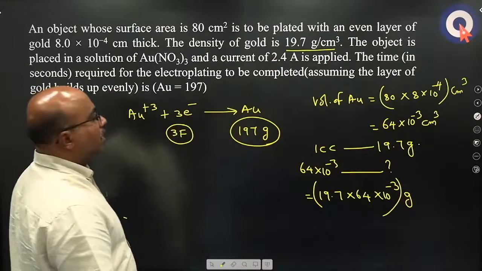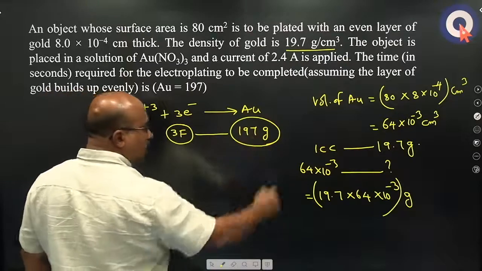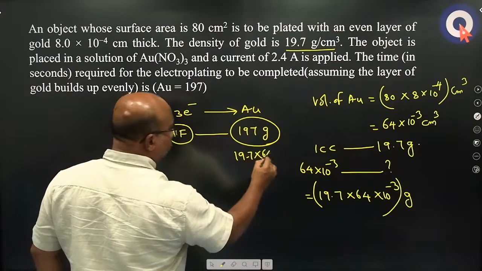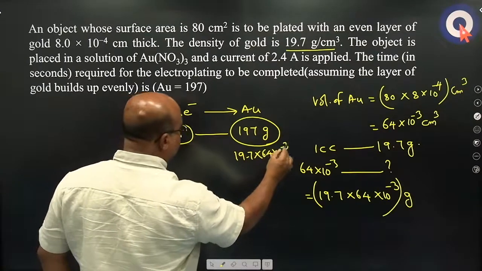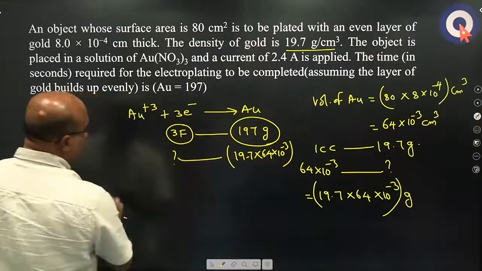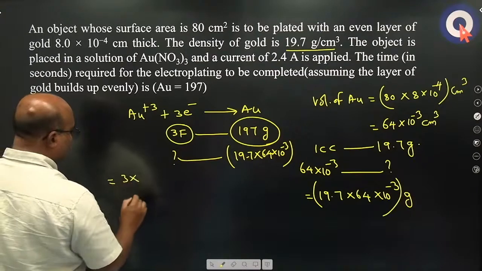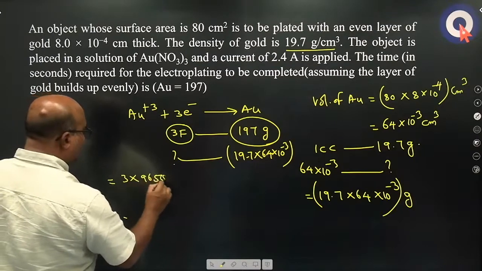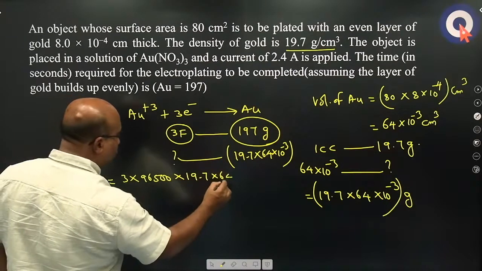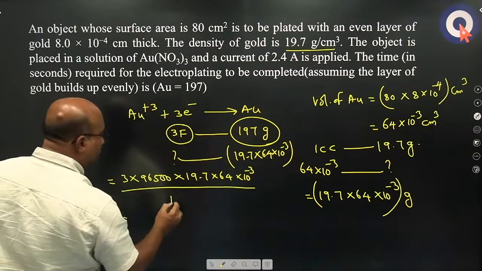So let us see what total Faraday is required. For 3 Faradays, 197 grams. So for 19.7 into 64 into 10 to the power of minus 3 grams, how many Faradays are required? So the total is 3 into 96,500, since we are working in coulombs, into 19.7 into 64 into 10 to the power of minus 3 by 197.